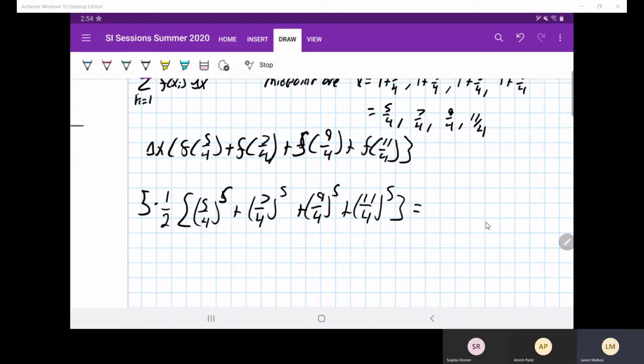And I don't know about y'all, but I'm going to put this in the calculator. I don't know how y'all solve these without a calculator. I don't even know what 4 to the 5th is.